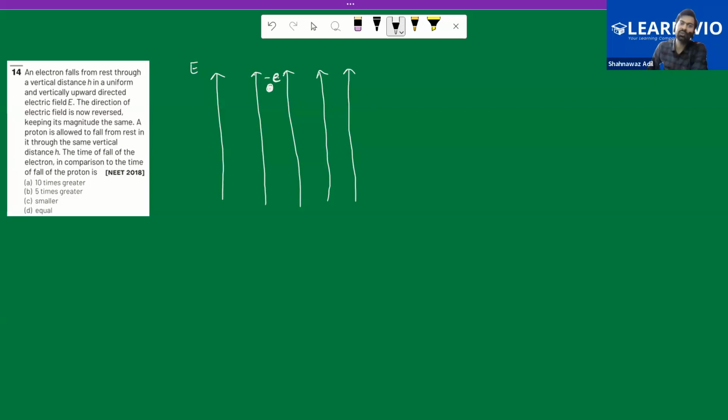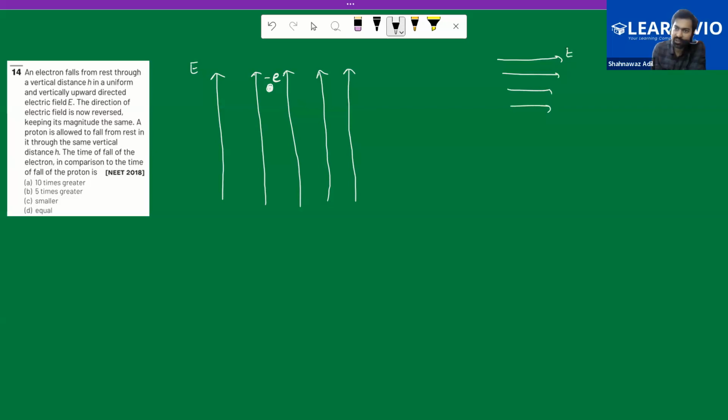And now can you tell me what would be the direction of force on this electron? Same as the electric field? So let me just show you this diagram, right? What have we learned so far?